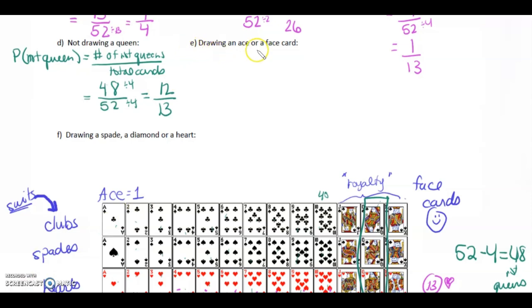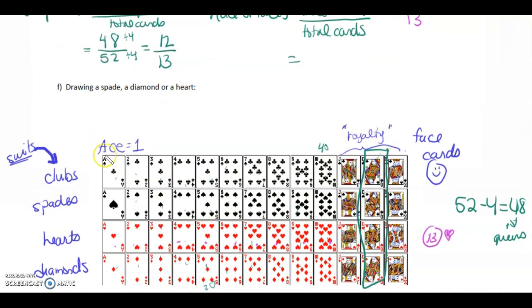E, drawing an ace or a face card. So ace or face. What we want to do is calculate the number of aces or faces, all together, over the total number of cards. All right, let's put this in black.